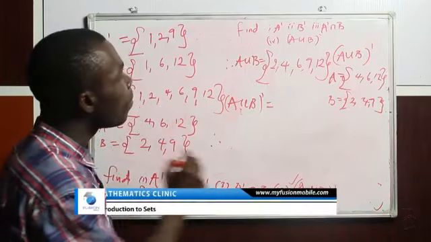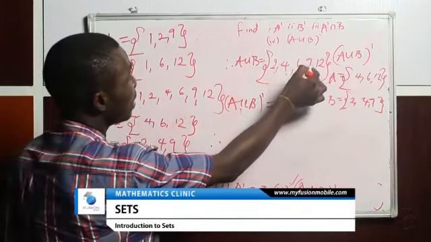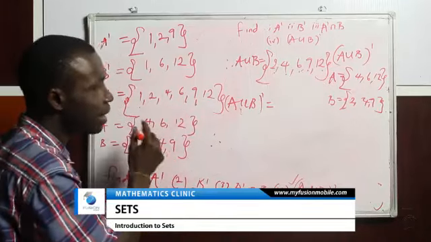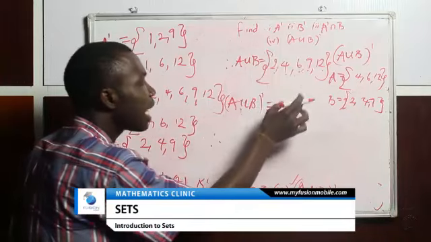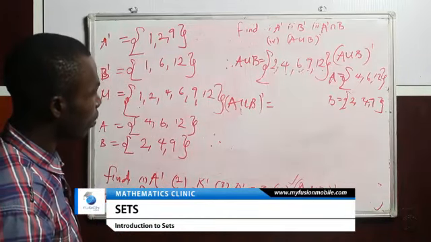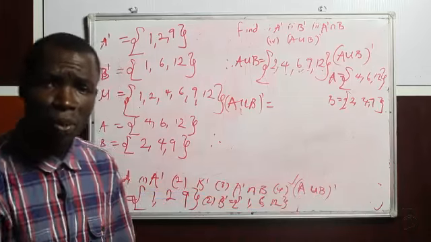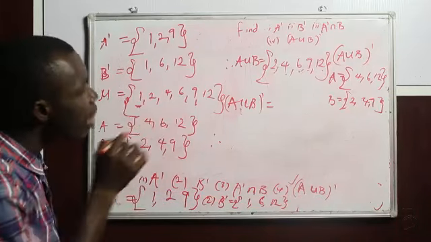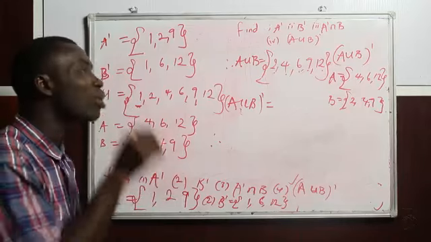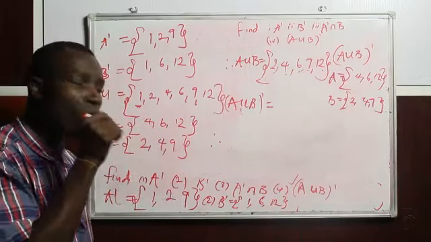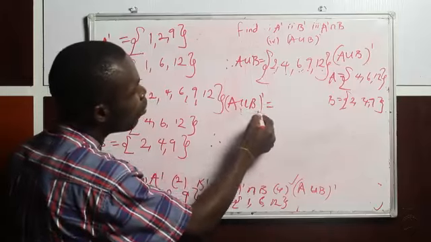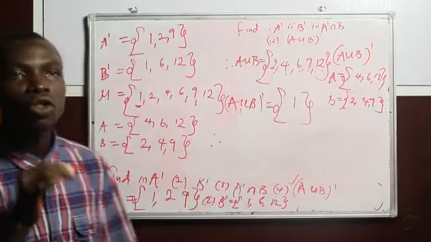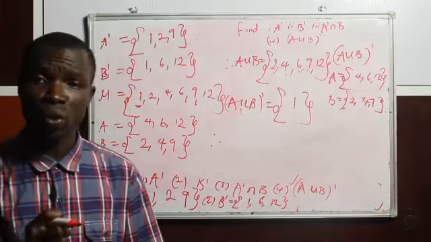But in our A union B, we have 2, 4, 6, 9, 12. So now, what are the elements that are in the universal set, but they are not in A or B? That's the meaning of A union B complement. 1 is the only number that is in the universal set but is not in A union B. Therefore, A union B complement is equal to 1.